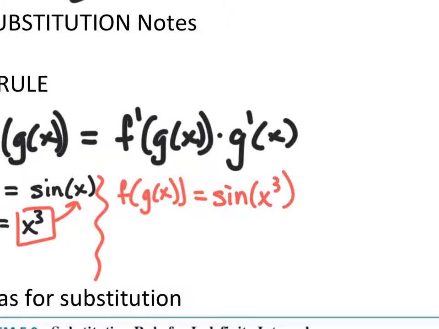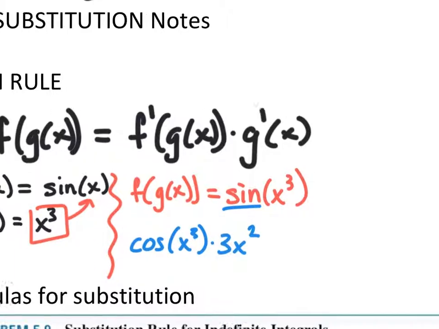And so if I were to take the derivative of this, then I would get the following. I would take the derivative of my outside function, which gives me cosine, and keep my inside function, and then I would multiply by the derivative of my inside function, which is 3x squared.